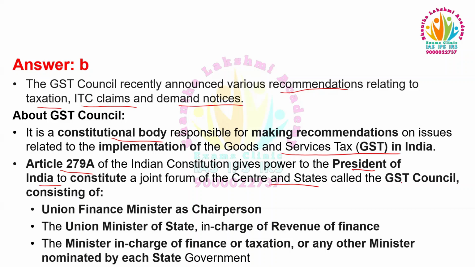center and states called the GST Council, consisting of the Union Finance Minister as chairperson, the Union Minister of State in charge of revenue or finance, and the minister in charge of finance or taxation, or any other minister nominated by each state government.